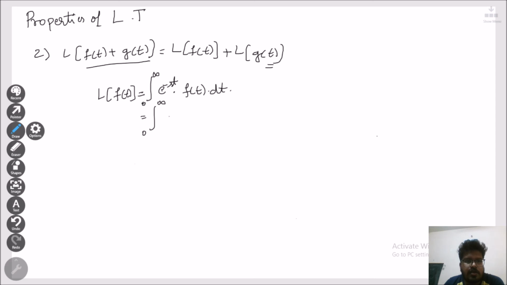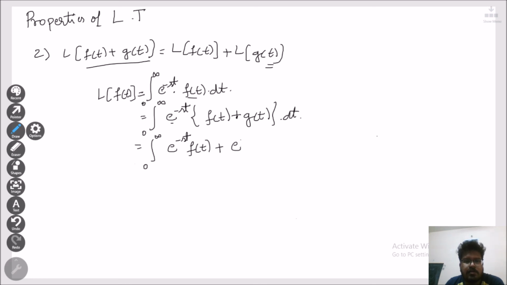0 to infinity e to the power of minus st. Now replace f of t with these two terms, so it will become f of t plus g of t. 0 to infinity. Now just multiply with e to the power of minus st, f of t plus e to the power of minus st g of t into dt.